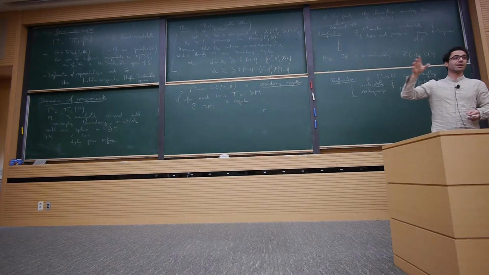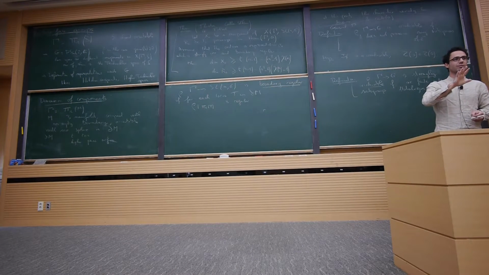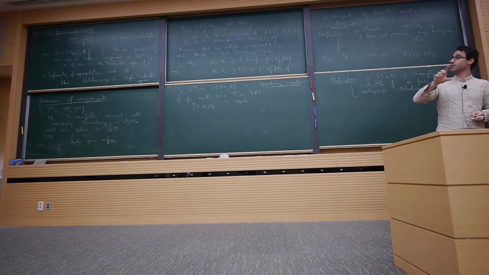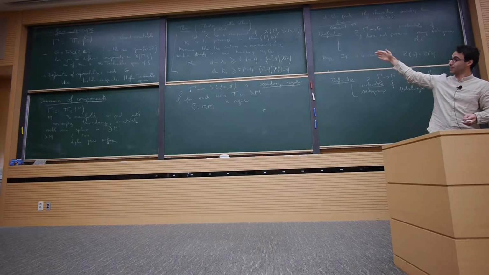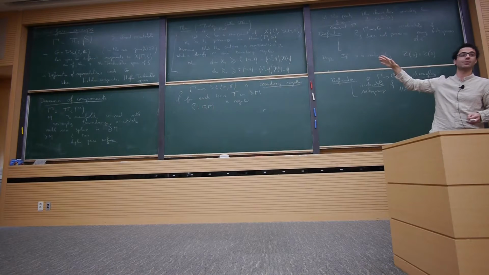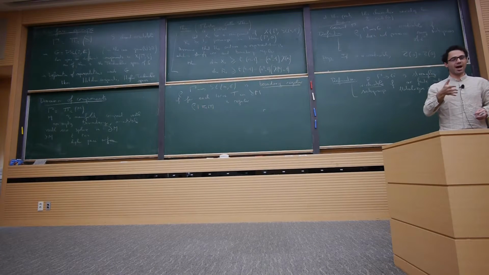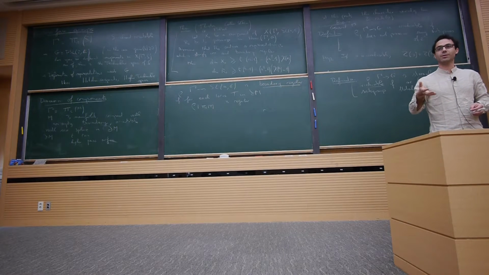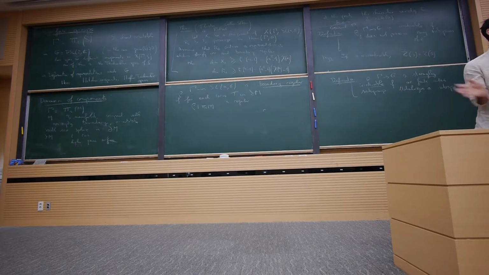With this theorem, you can say, well, if I just search for components of the character variety containing irreducible, boundary-regular representations, then I already know a bound on the dimension, so I can just throw out all the small components.